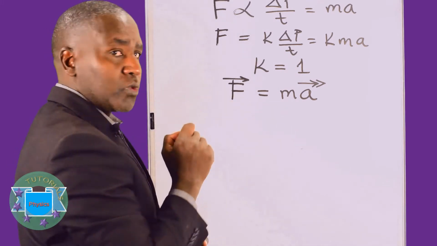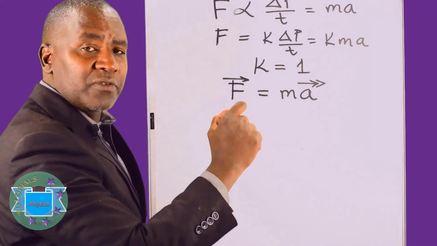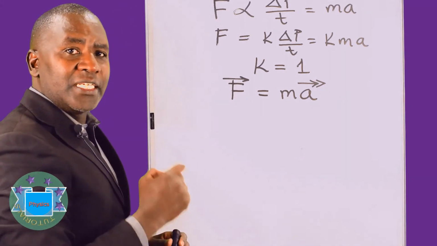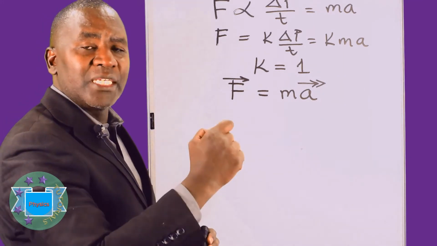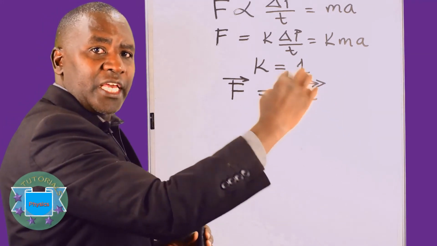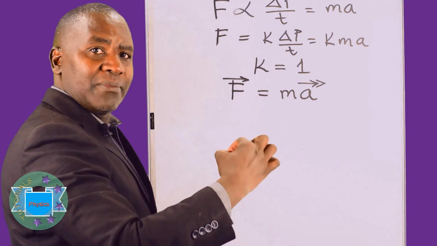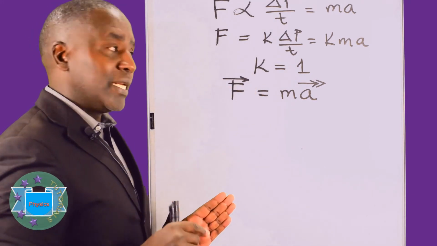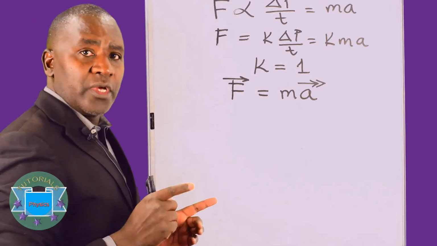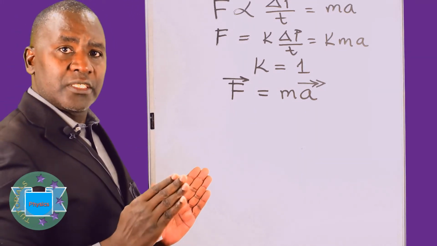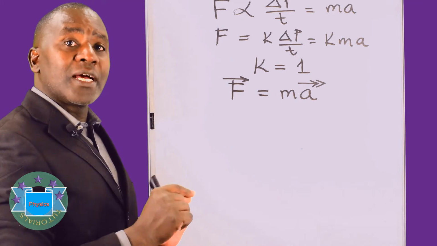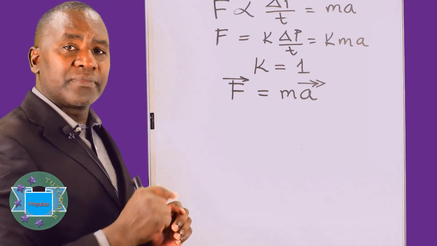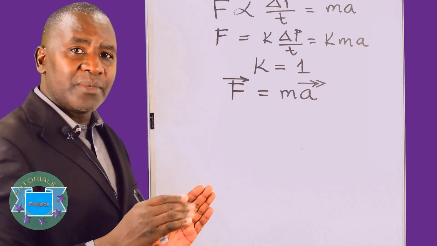Force is equal to rate of change of momentum. It is equal to change in momentum divided by the time taken for that momentum to change. It's at this point that we can define force. The proper definition is this. Force is defined as a rate of change of momentum. It's just as simple as that.